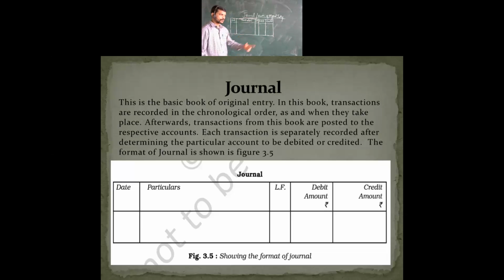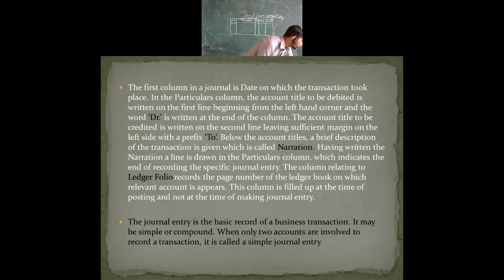This format of journalizing shows you how you are going to record. That is, on 1st Jan 2017 what transaction took place, and then what the ledger folio is, you will come to know. See, in this the first column is the date, that is, you write the date on which the transaction took place, right?